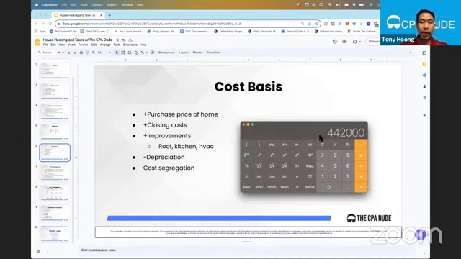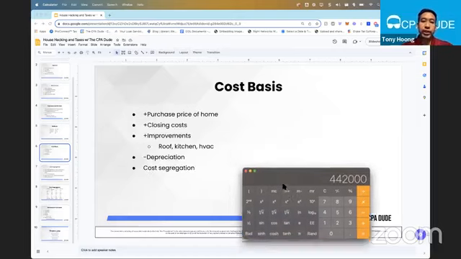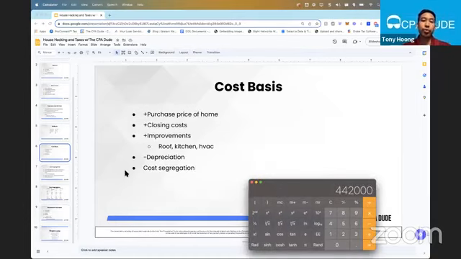Just keep that in mind, especially if you know that your property is going to have a big profit. You want to be mindful of it, and that's another time to possibly pull in a 1031 exchange.